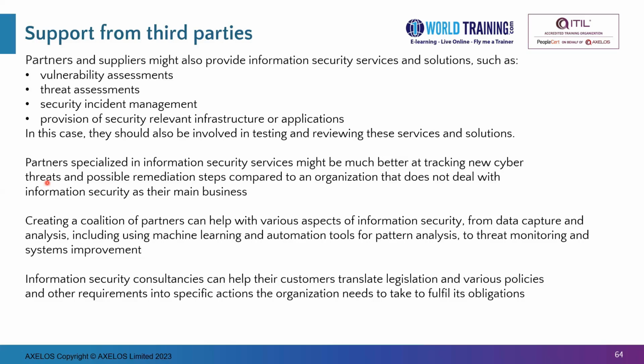Also, sometimes an organization might want to have a coalition of partners with various aspects of information security, with different partners taking up different responsibilities. Therefore, they can do various things such as data capture analysis, machine learning, automation tools for pattern analysis, threat monitoring, and systems improvement from a security perspective.